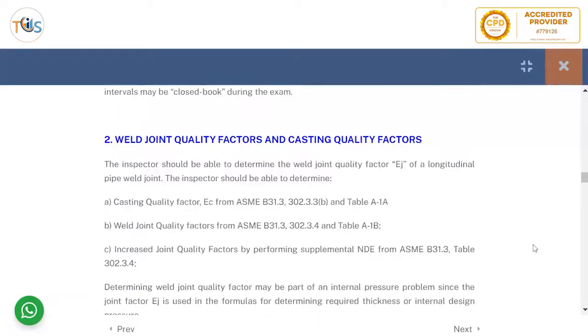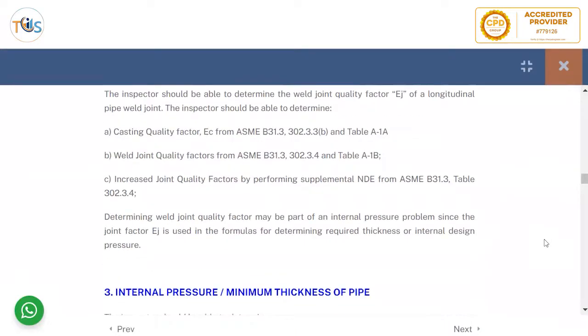You should know about weld joint quality factor and casting quality factor. That comes in ASME in these tables, and there might be an open book question. They give you a particular material and ask whether this weld or cast, based on the percentage of NDT done, or machining done on the casting, or visual test done, or any other NDT done, what would be the casting quality factor or weld joint quality factor.